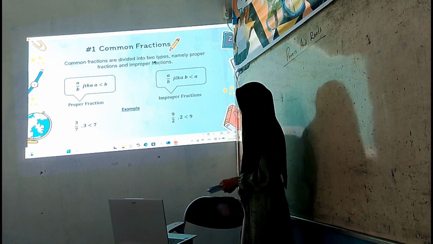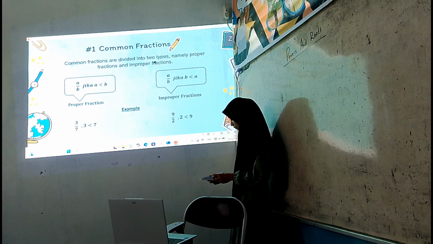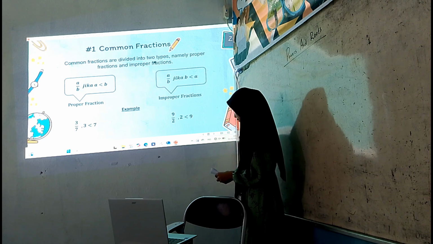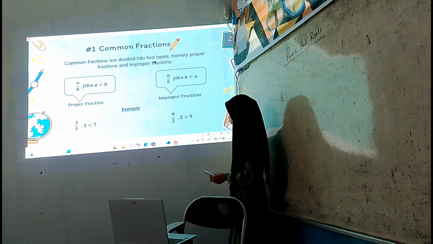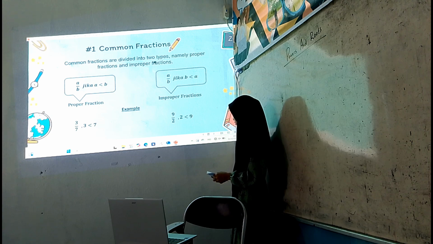The second, improper fraction. Improper fraction is a fraction where the denominator is smaller than the numerator. Example, 9/2, where 2 as the denominator is smaller than 9 as the numerator.